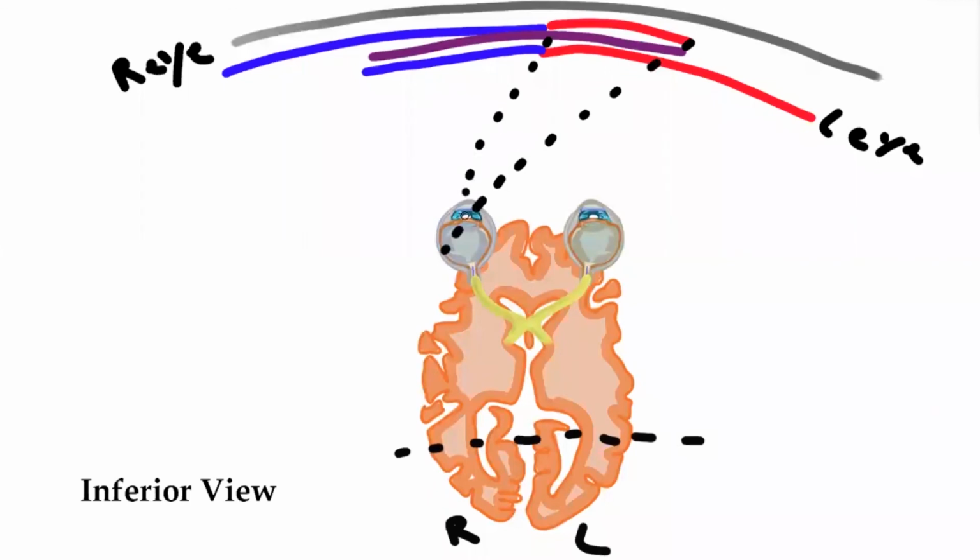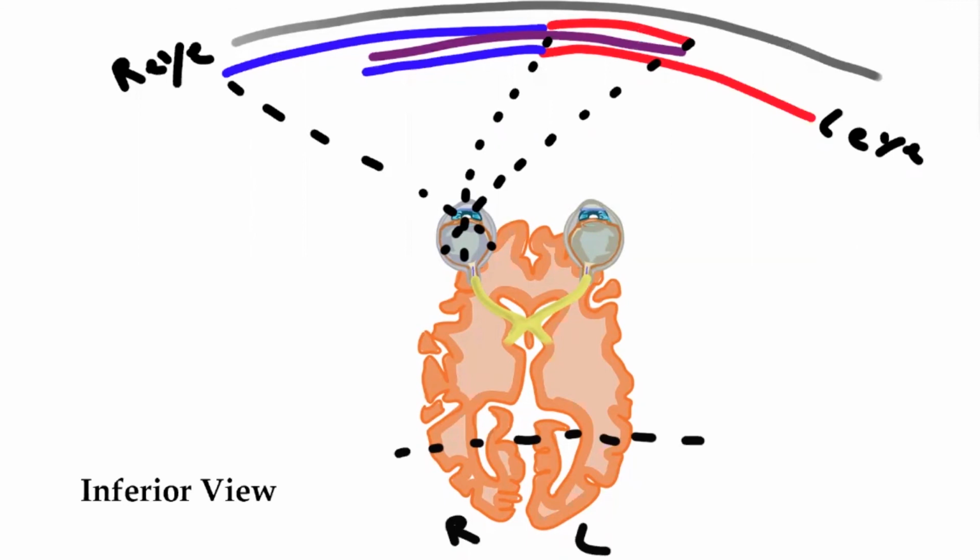Well, the middle is going to be closer to the middle of the retina. And then the right side is going to come through the pupil and hit the left side of your retina. Remember, the image is reversed.